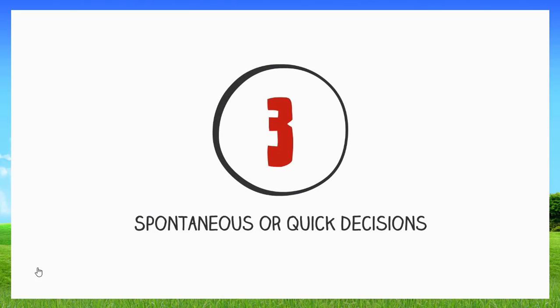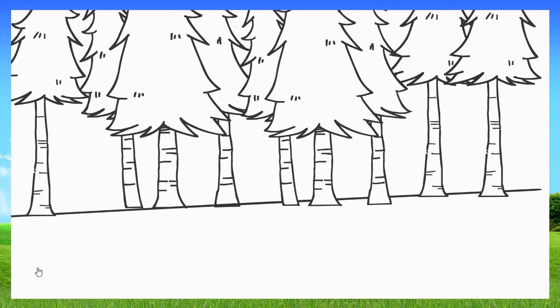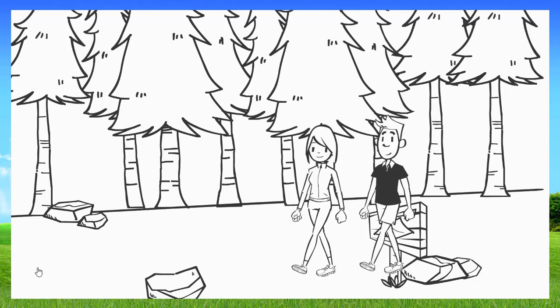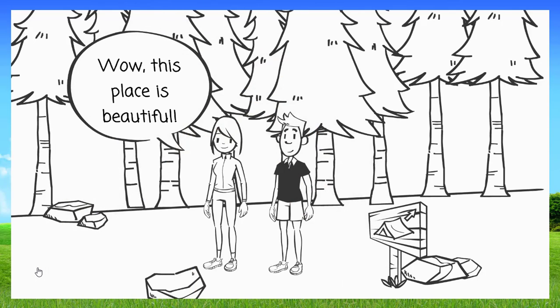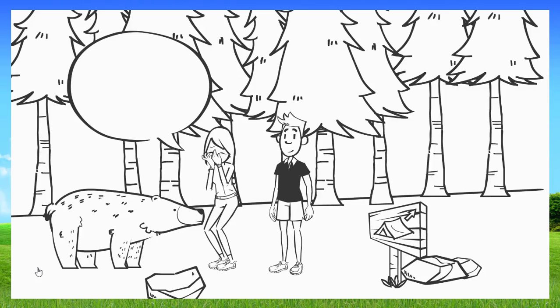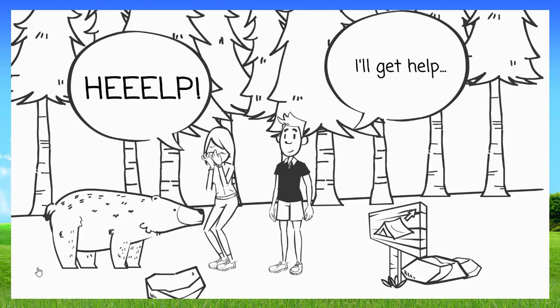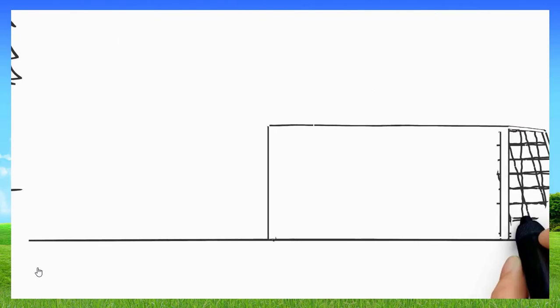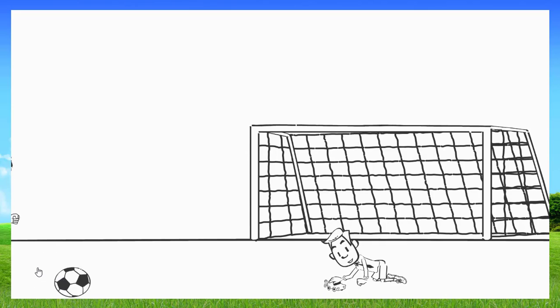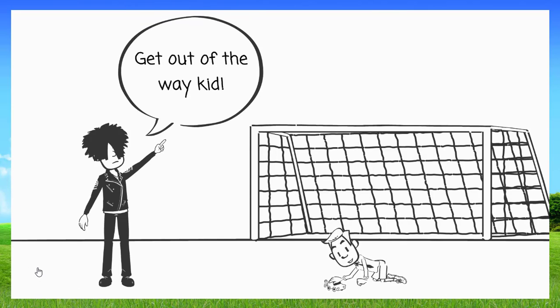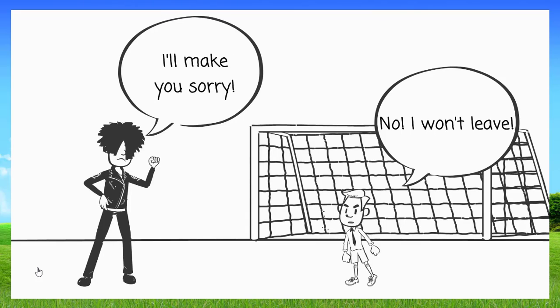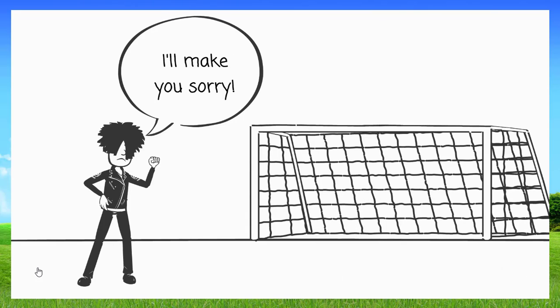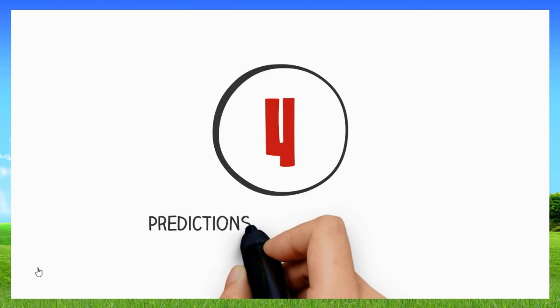Thirdly, we use them to make spontaneous or quick decisions. Sometimes we even use them to make spontaneous threats. And finally, we also use them to make predictions about the future.